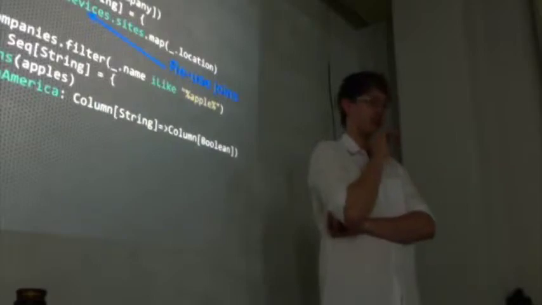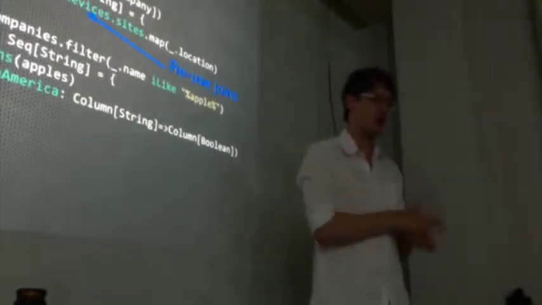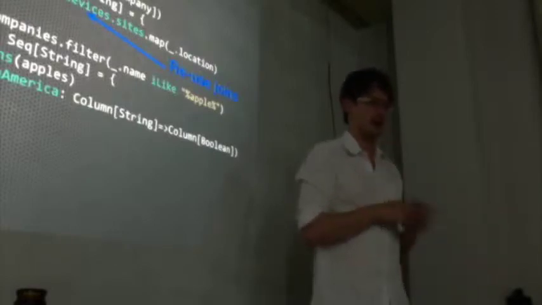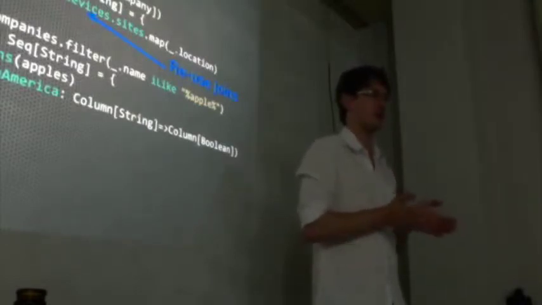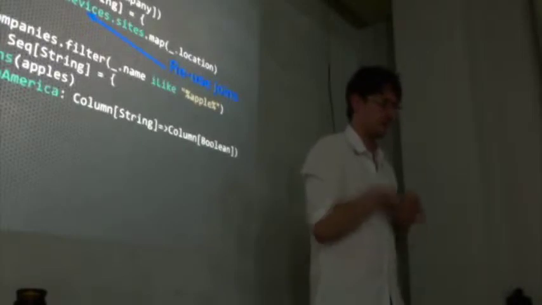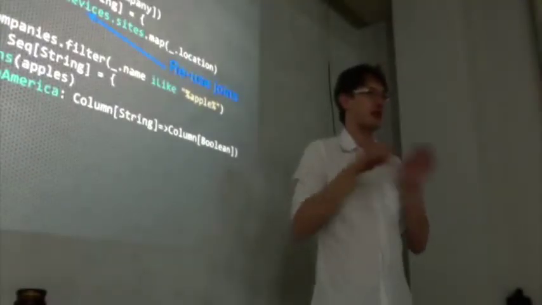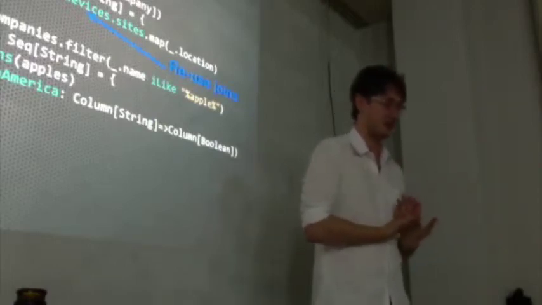You could basically define extension methods on a query of companies using this implicit class concept in Scala and say, okay, so extend my query of companies with a member, computers, and here's how it works. So you would write a query that shows how you get from companies to computers, and that's a user supplied thing.